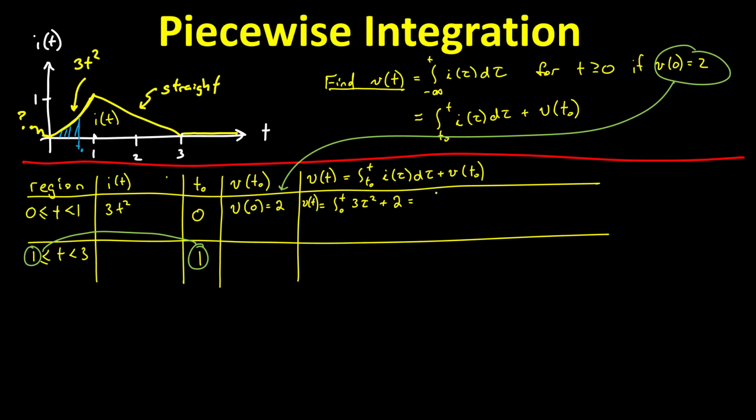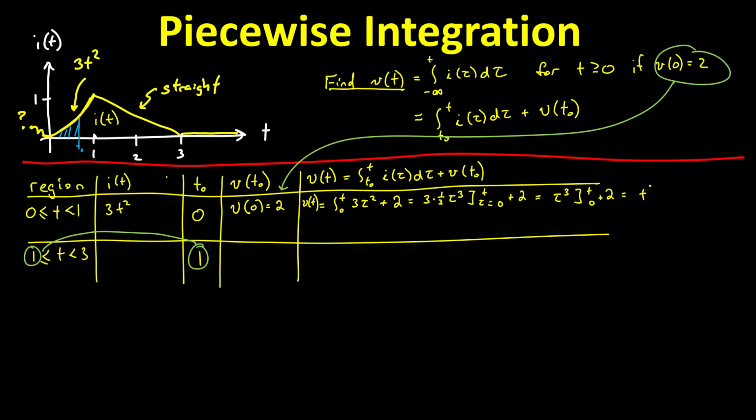The integral of 3 tau squared with respect to tau would be, we can bring that 3 out. The integral of tau squared is 1/3 tau cubed, and we're going to evaluate that between tau is 0 and t, plus our initial condition. So that gives us tau cubed, evaluated between tau equals 0 and t, plus 2.